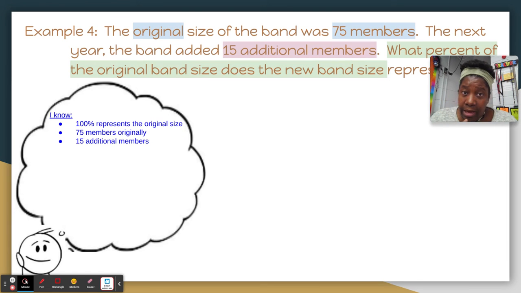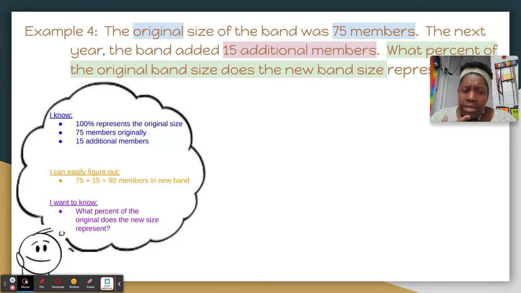But remember, the band got more members. 75 members were originally in the band, but they added 15 members. So even though my problem doesn't tell me, I can figure out that if I take the 75 original members and add those 15 new members, that's going to give me 90 members in the new band.